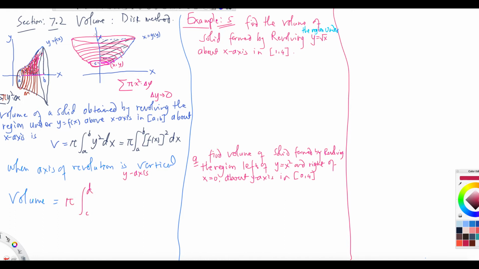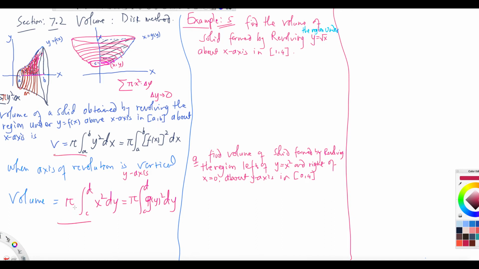This is c, that is d, right? From c to d of x squared dy. That is the same as pi times the integral from c to d of g of y squared dy, because x is g of y, when delta y tends to 0. So these are the formulas, okay?